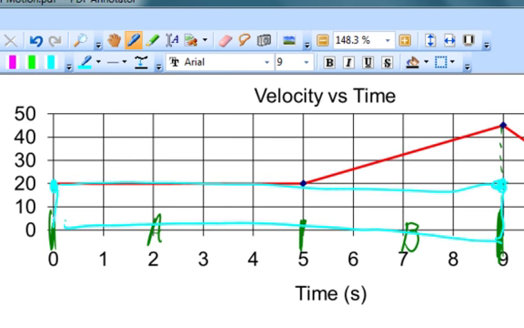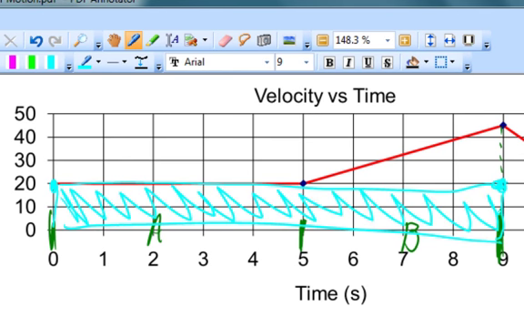So basically, this rectangle that I'm filling in right now is going to be part of that area. And then sitting on top of that rectangle, I have a triangle. This triangle on top has an area of 1/2 of the base times the height. So if I add those two areas together, that's going to tell me what the displacement is.